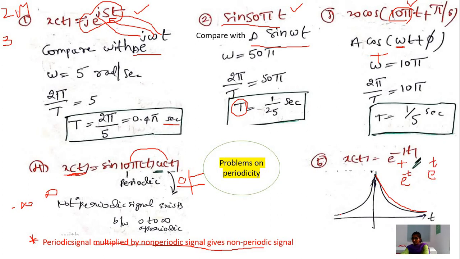E power t means an exponentially increasing signal. Then this is not a particular shape and it is not repeating either. The signal shape should be the same throughout, but it is not the same. The negative side is one kind of shape and the positive side is another kind of shape. That is why the given signal is non-periodic.